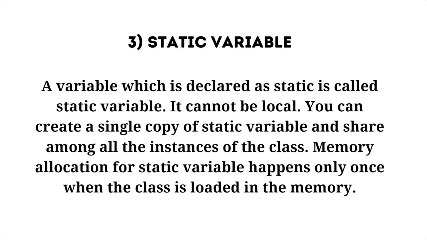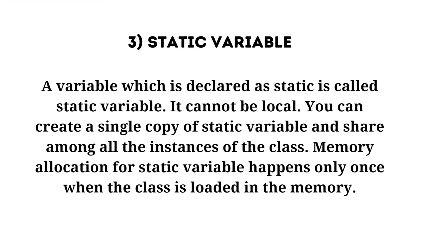Third is the static variable. A variable which is declared as static is called a static variable. It cannot be local. You can create a single copy of a static variable and share it among all the instances of the class. Memory allocation for static variables happens only once, when the class is loaded in the memory.